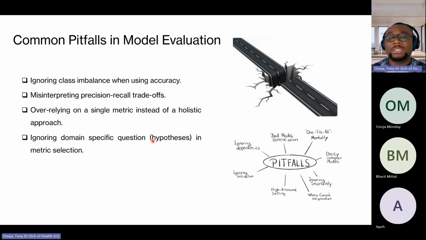Now, outside some of these that I listed, one of the problems you are going to face when working with machine learning is that, first of all, machine learning models, most of the time, ignore interaction. One of the issues they do not focus on or talk about is model causality. Causalities are very, very important.